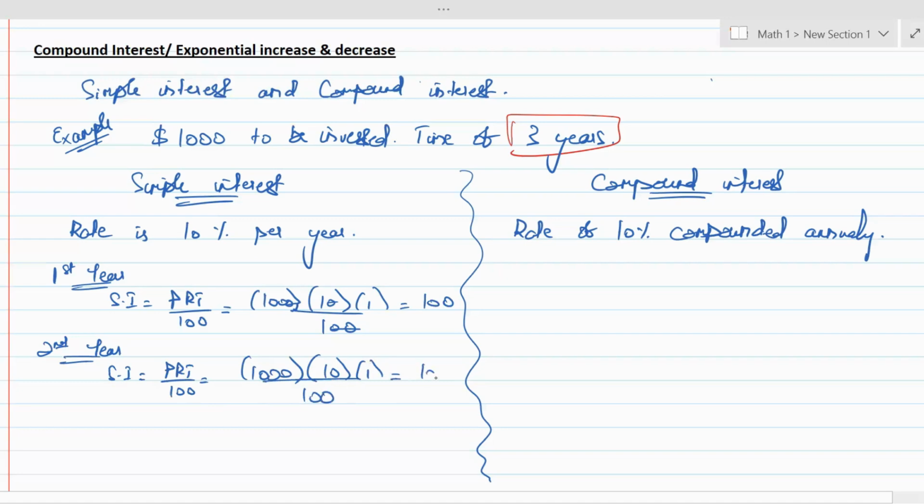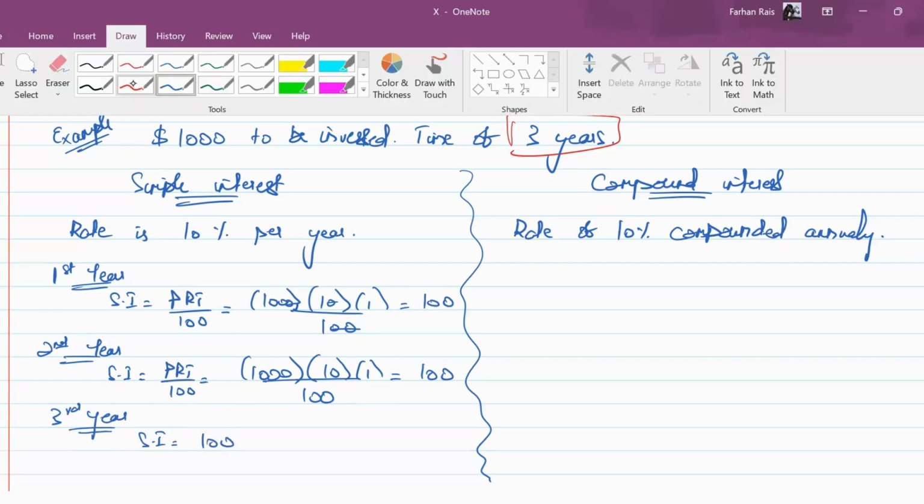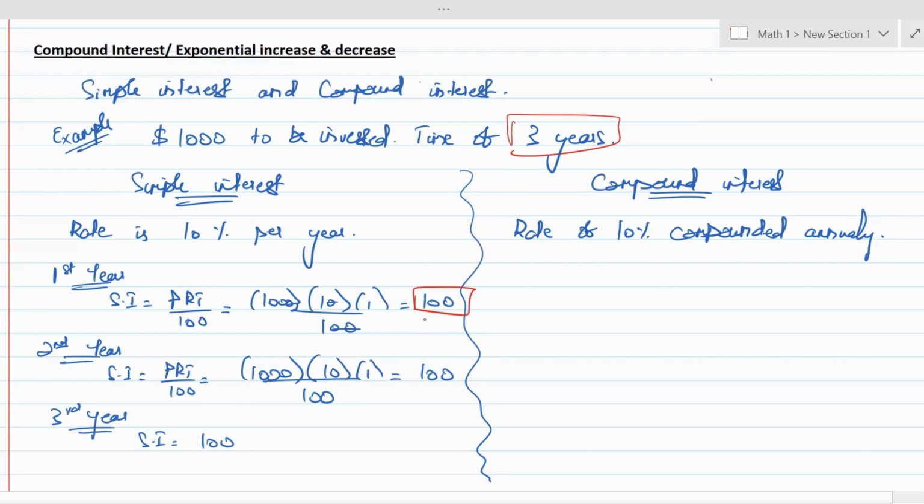And you again get $100. The same goes for the third year, where you get the same simple interest of $100. So for all 3 years, the simple interest is the same: $100, $100, $100.